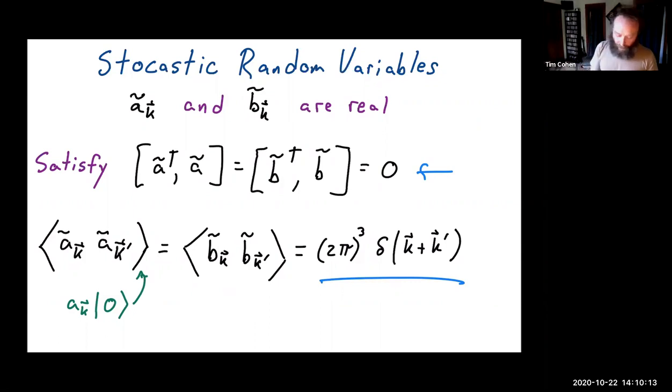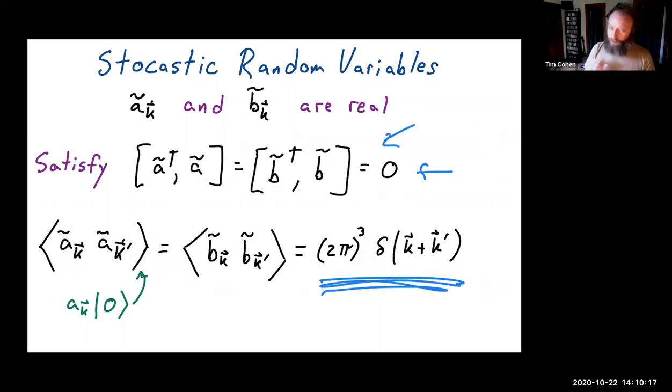They are correlated in this sense, but there's no quantumness. It's a fancy way of saying this is just a Bogoliubov transformation. We're basically taking the UV creation and annihilation operators and transforming them to the horizon. And in doing that, they become classical stochastic initial conditions.